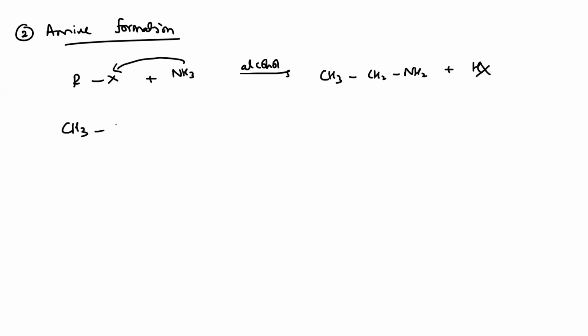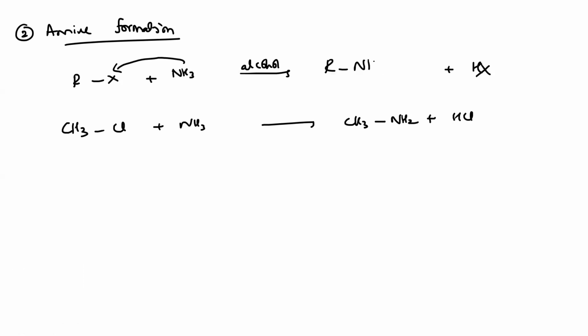So if I'm having CH3Cl with NH3, what should I write? I would write CH3NH2 and HCl. That should be RNH2. Make sense? Yes. So that's chloromethane, and that's aminomethane. You get this?